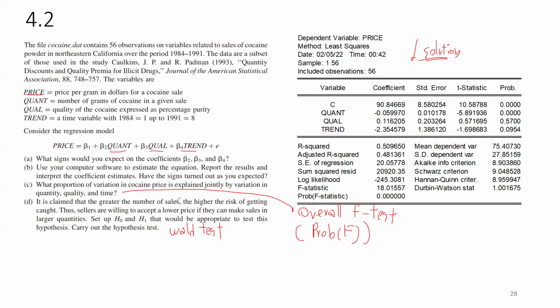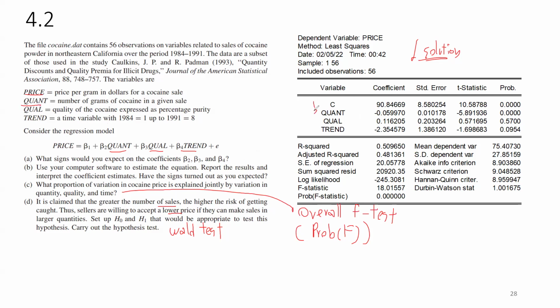The greater number of sales, thus the sellers are willing to accept a lower price, which means this is quantity, right?